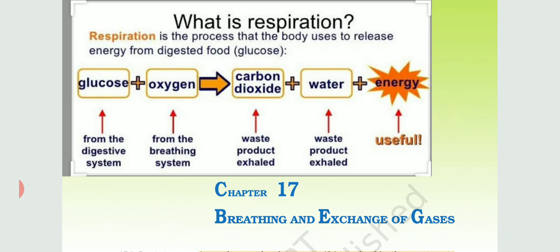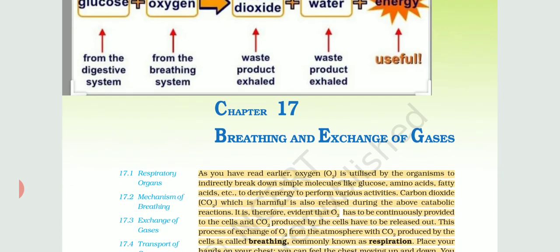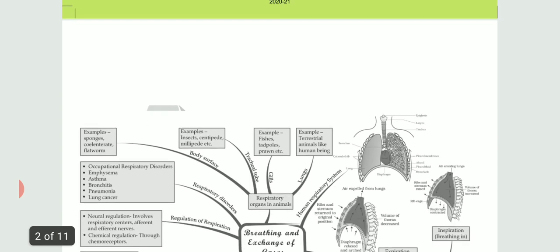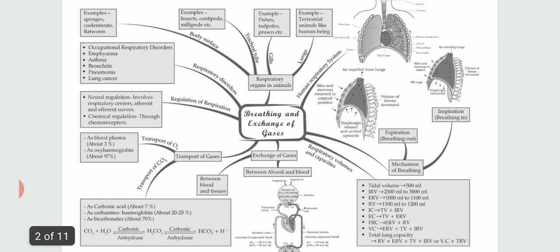So before starting, let's move to its mind map that is going to help you get a basic understanding of this chapter. So first of all, there are different organisms that use different respiratory systems or organs to intake oxygen.